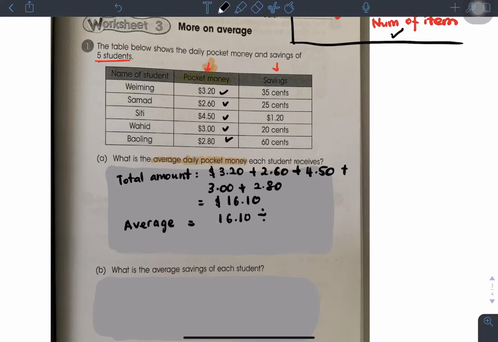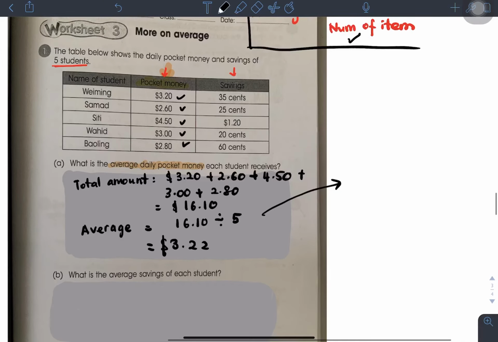How many students? We have 5. When you divide, you will get the average of 3.22. If you don't trust me, you need to do the long division. Don't be afraid of long division. I believe this is what everyone is so scared of.